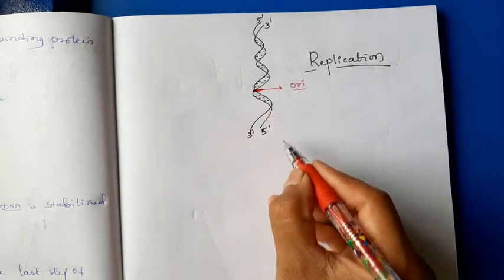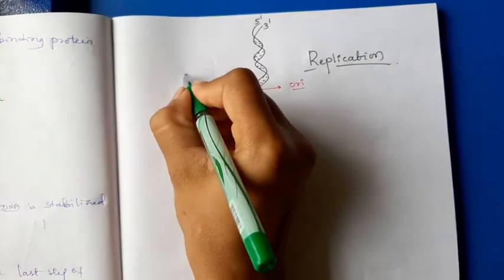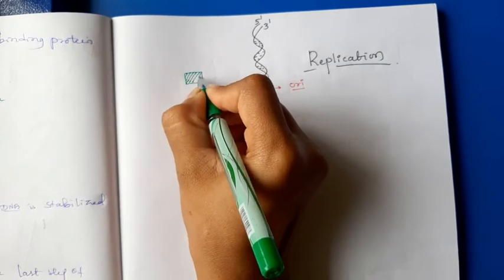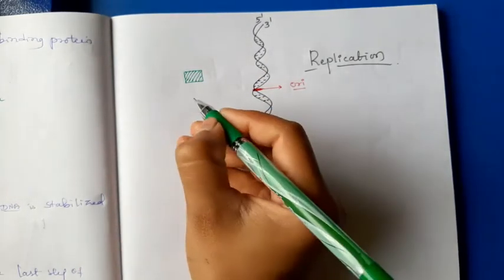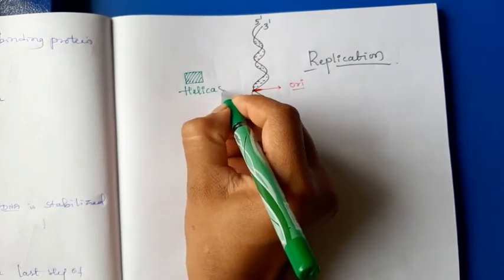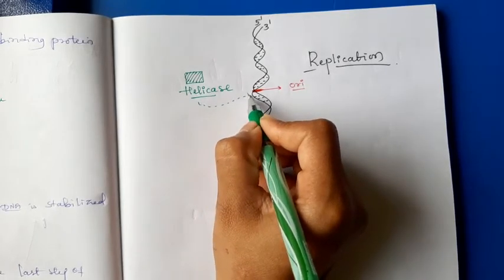That ORI is recognized by a specialized enzyme, that is the helicase enzyme. Helicase enzyme is now going to bind with the ORI.